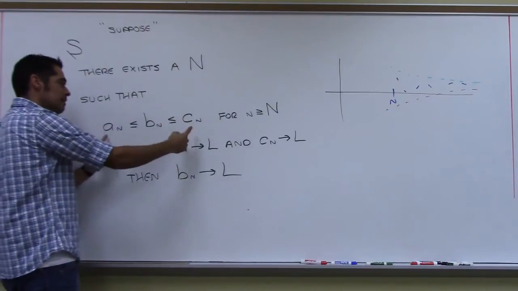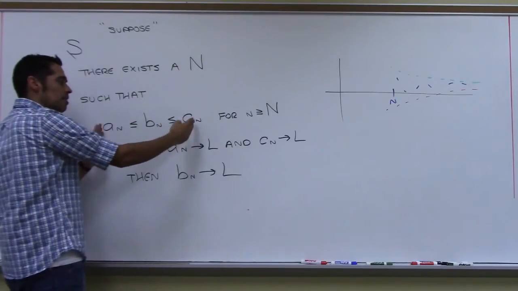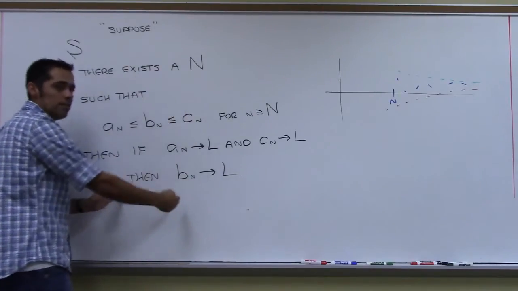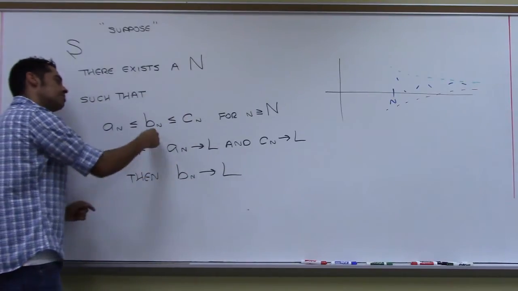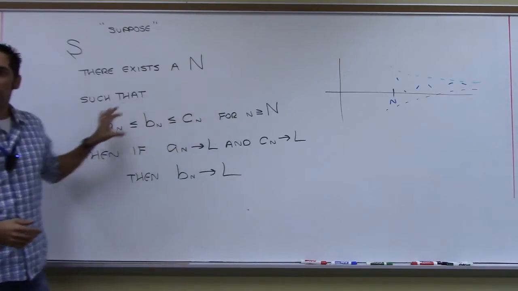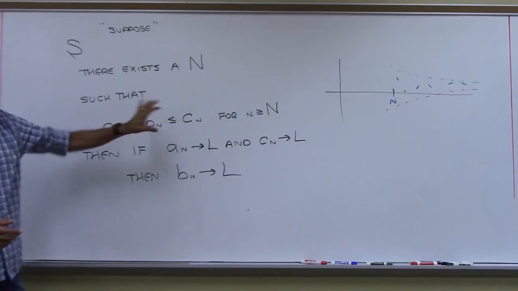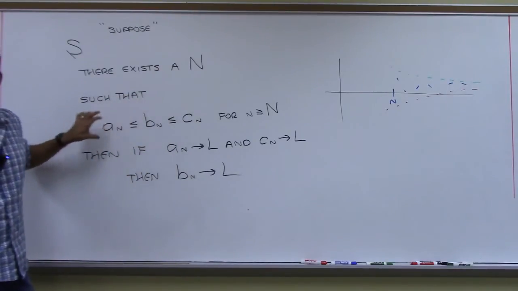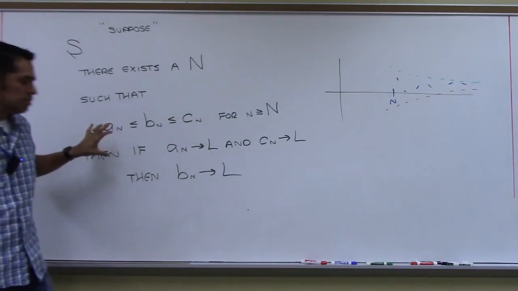I'm going to pick these very carefully so that they go to the same number. Like this one goes to 2 and that one goes to 2, and then that forces the one in the middle to go to 2 also. But the choosing of these two is going to be the challenge for us, as we'll see in the next example. We'll always be trying to figure out what this one does, and we will create these two ourselves.